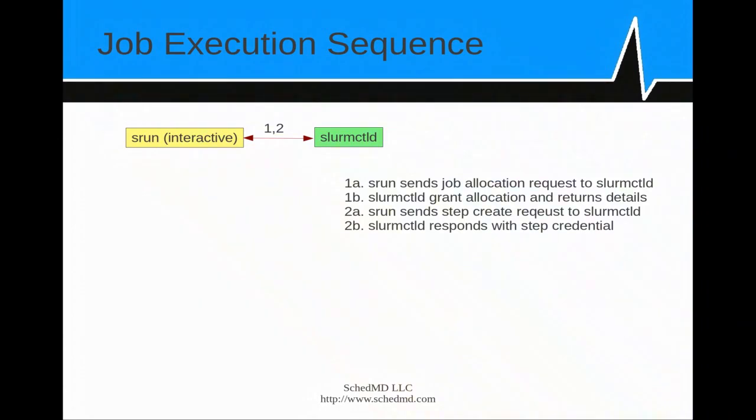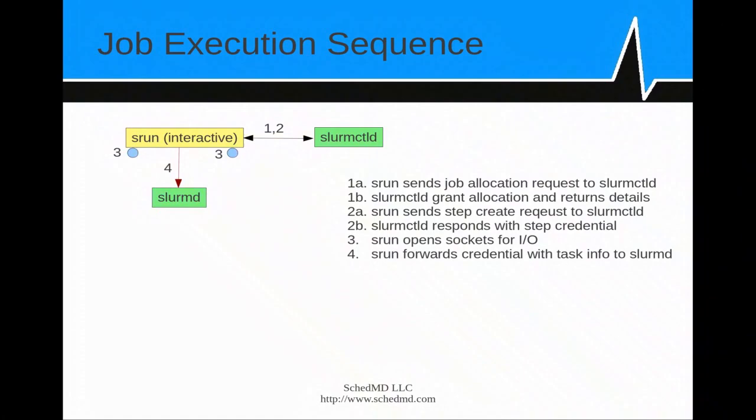The srun will then, as a separate step, create a step allocation, send that request to the Slurm control daemon, and the control daemon will respond with a step credential. Now that credential is a digitally encoded credential that has information about what resources have been allocated. The srun will open up some communication sockets for the I/O and then forward that credential with the task information to slurmd on node 0 of its allocation.